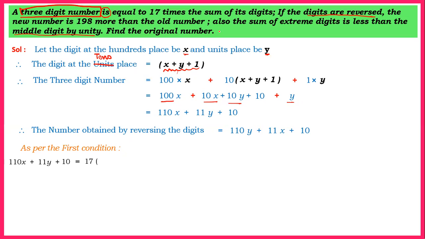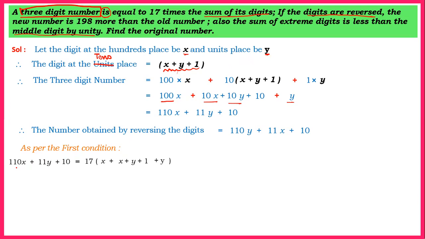Now the question says sum of the digits. Now try to understand sum of the digits. Whatever the digits are, we need to add them. The digit in the hundreds place is x, so we will add x. We will add x plus digit in the tens place is x plus y plus 1 plus the digit in the ones place, that is 1.